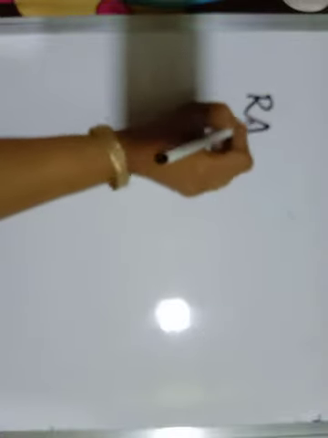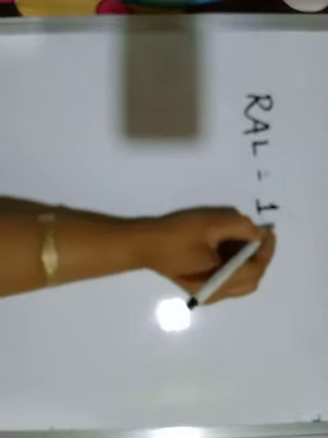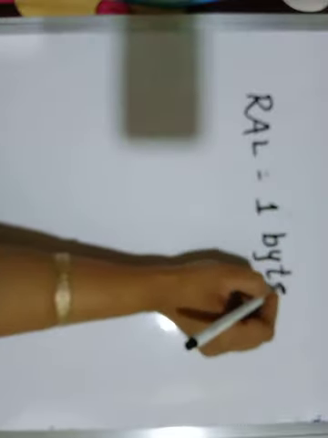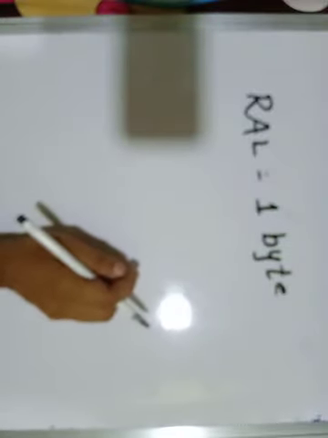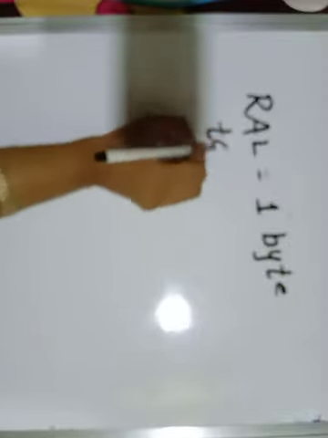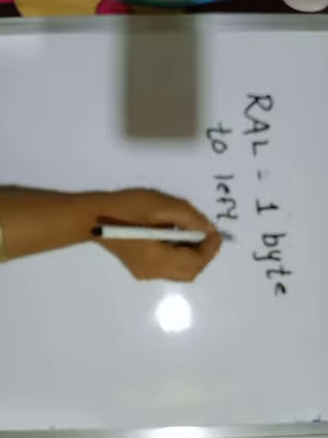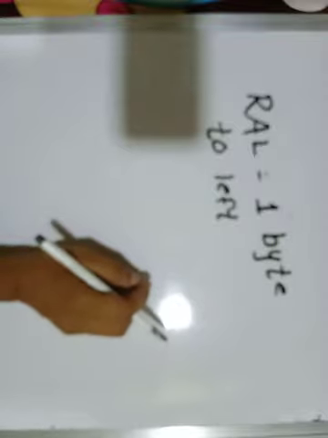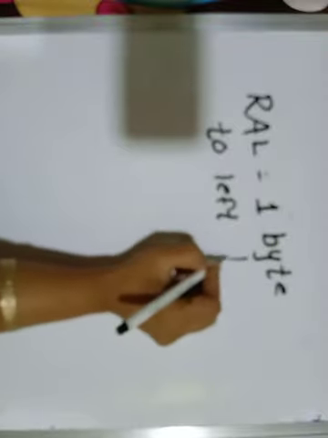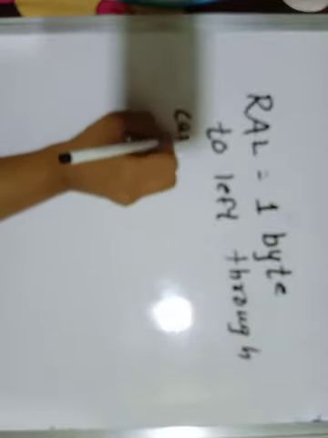It rotates the accumulator to the left through carry. It is a single byte instruction. It is used to rotate each binary bit of the accumulator to the left by 1 bit position through the carry flag.